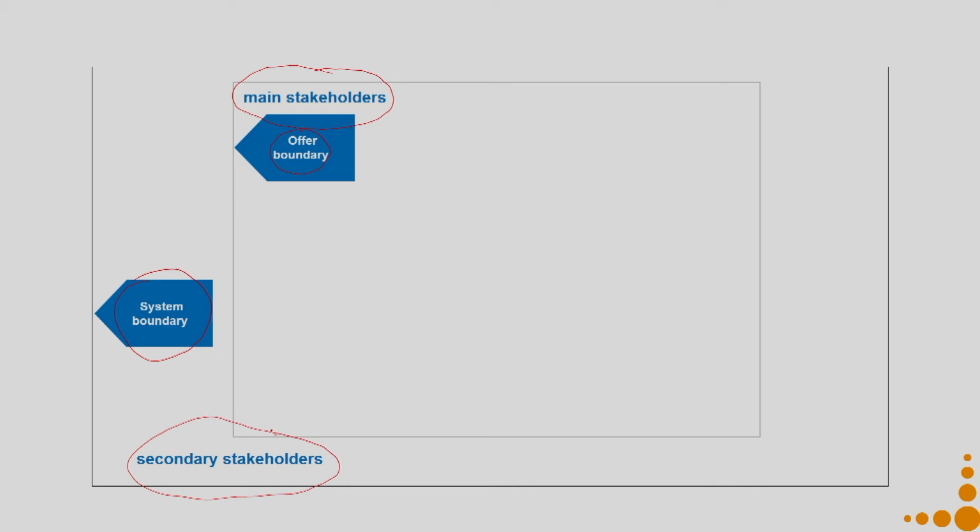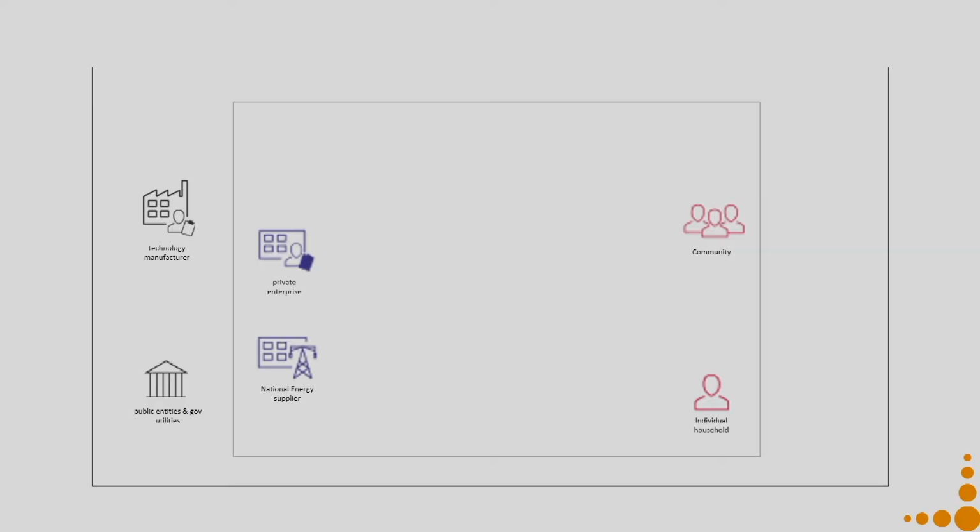So, if the municipality provides you the raw water source, then the municipal water purification system is the secondary stakeholder. The mains electricity grid producer is your secondary stakeholder. Then what we try to do is identify all my stakeholders in the offer boundary as well as in the system boundary. We have certain icons for them. I will show you the icons in the next slides.